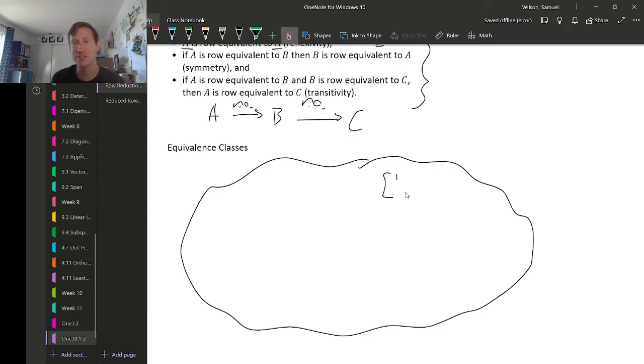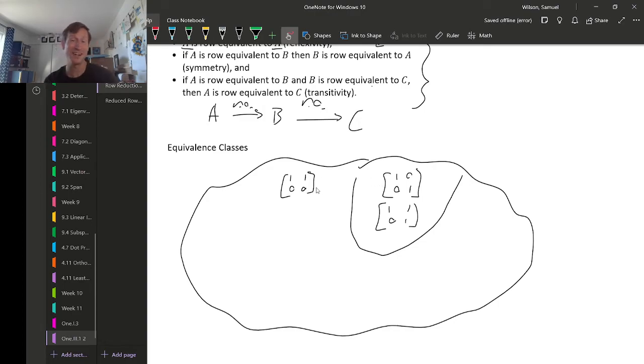For example, the matrix 1, 0, 0, 1 is row equivalent to the matrix, say, 1, 1, 0, 0. So these sort of live in the same part of the collection of all matrices. Over here, in a different equivalence class, is this matrix. It turns out these aren't row equivalent because you can't turn one into the other using row operations, because they have different reduced row echelon forms.